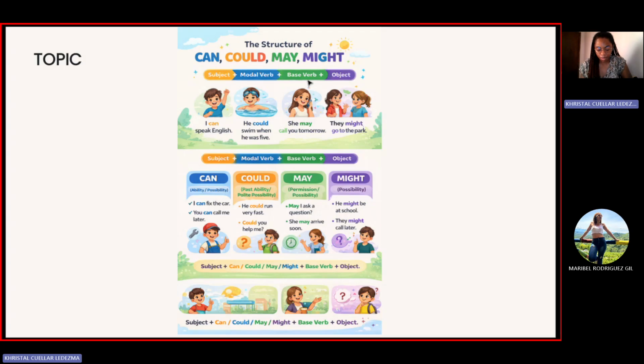Now, the last one, might, possibility. This is also to indicate possibility, but this is different from can because it's not about a possibility like I can do this, but a possibility that something might happen.